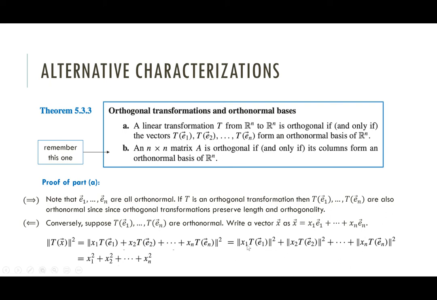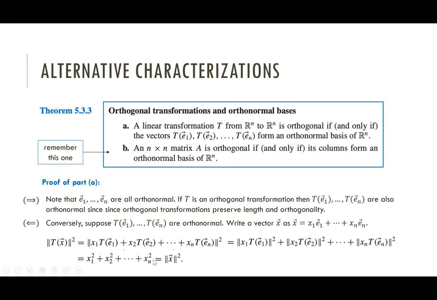And then we're saying, all right, if you have some length 1 vector and you scale it, then the resulting vector has length equal to the scalar. And since we're squaring it, this has length x1, this has length x2, this has length xn, and then we're squaring them all.